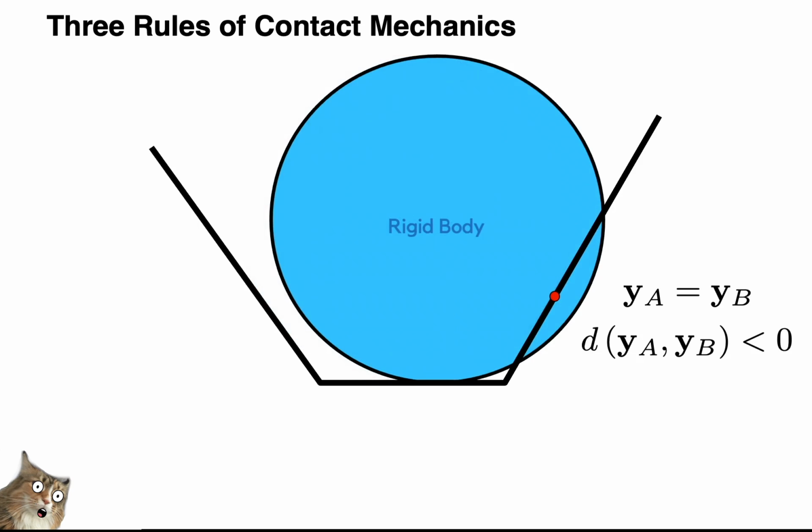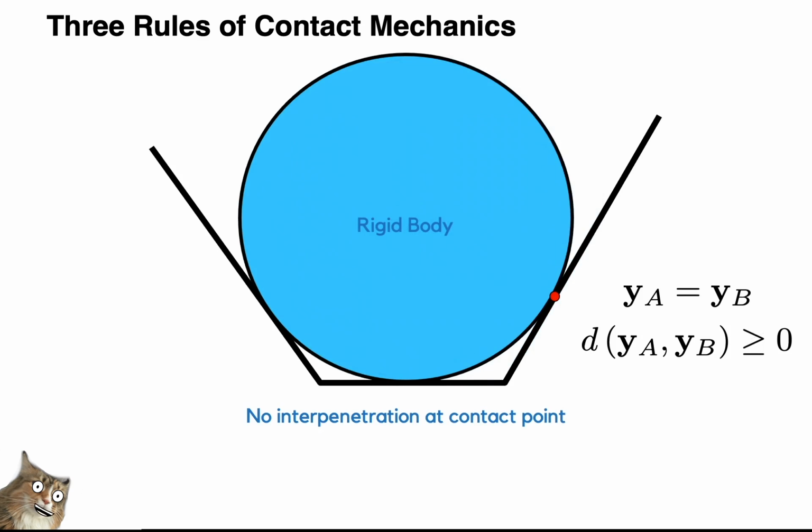If something goes wrong and our objects interpenetrate further, then by definition, our signed distance will become negative. This means that in order to ensure no interpenetration, we need the signed distance between the contact point on both objects to always be greater than or equal to 0. And this is our first rule of contact mechanics.